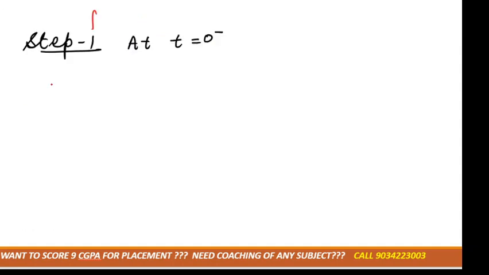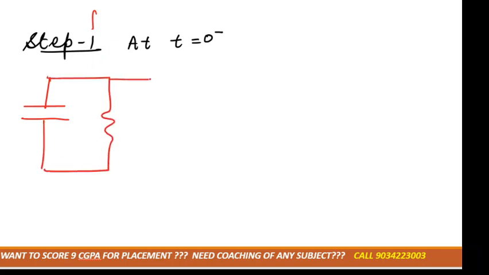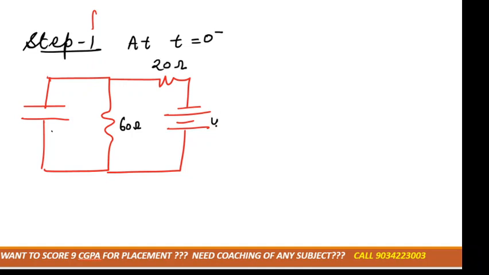So I'm redrawing the circuit. There is a capacitor and then a resistor, then a voltage source. The resistor values are 60 ohm, 20 ohm and 40 volt. This is plus minus Vc.